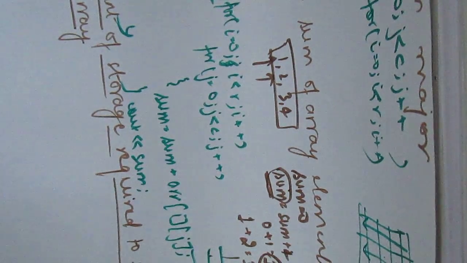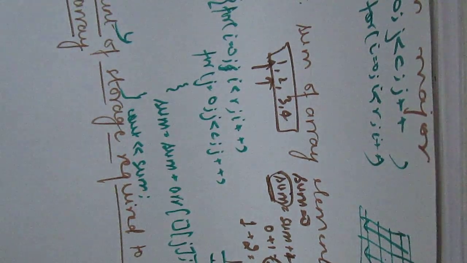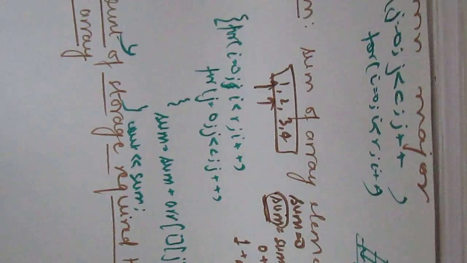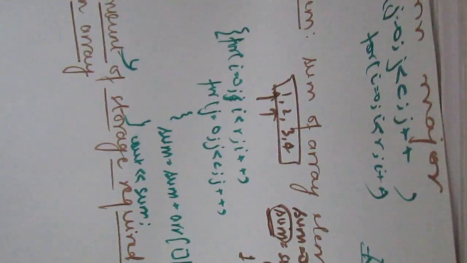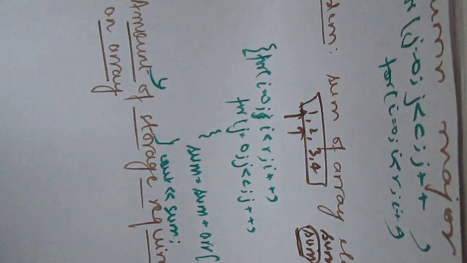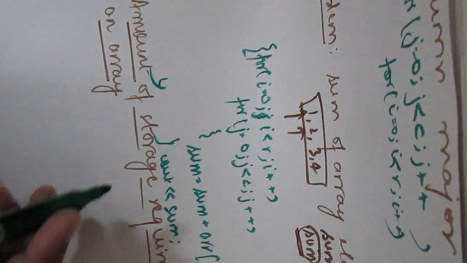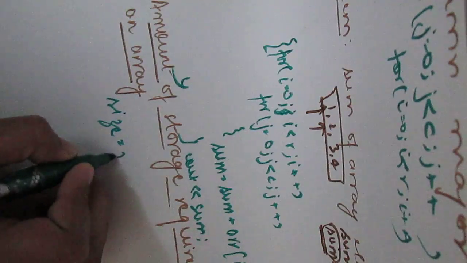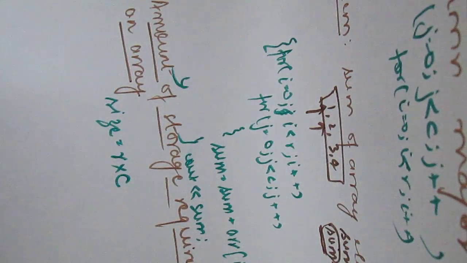Okay. So the next question is, how much storage is required to store the two-dimensional array? Any idea? Amount of storage required to store the two-dimensional array. Let's see. As we have seen, the size of the two-dimensional array was number of rows multiplied by number of columns.